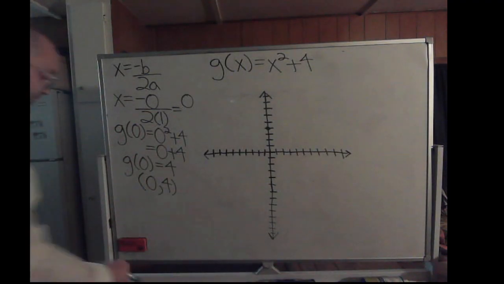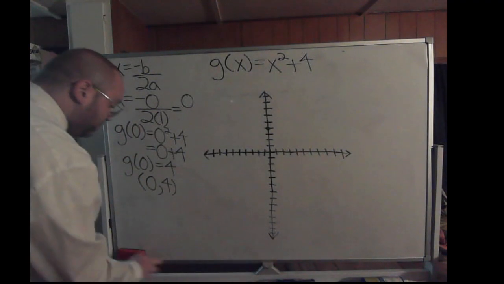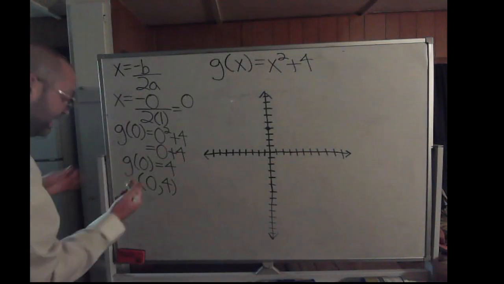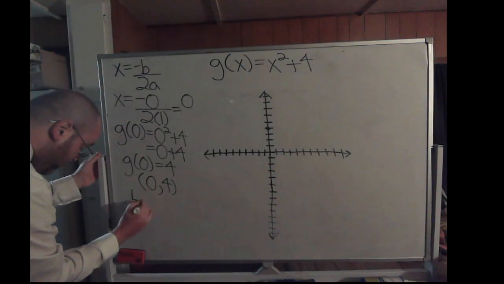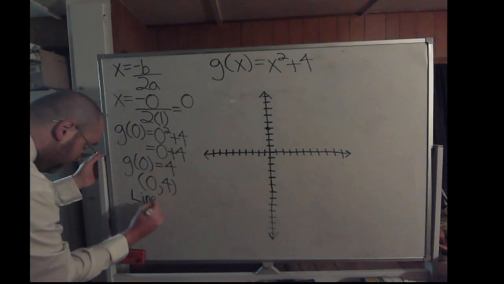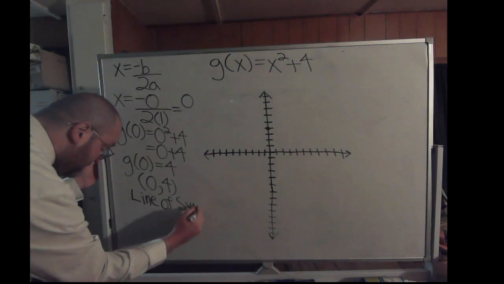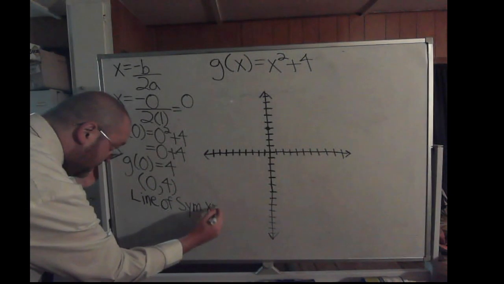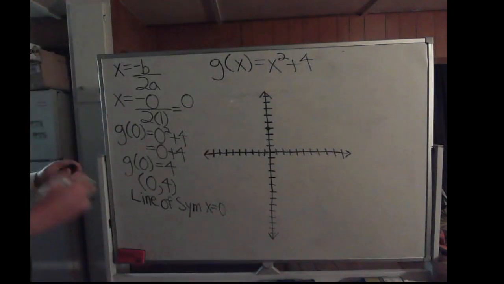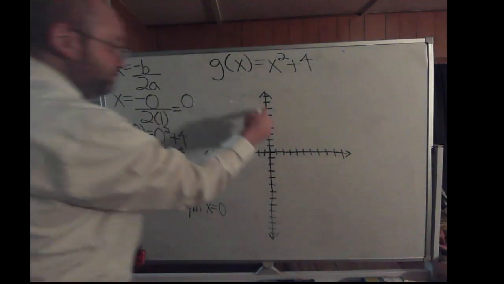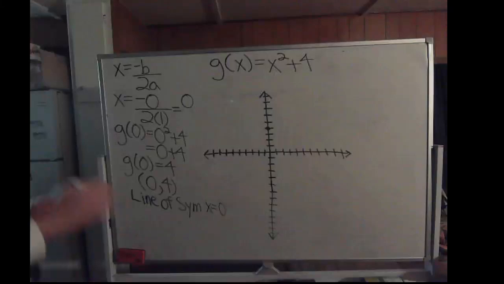Now, we have a line of symmetry established at x equals 0. So that's the line of symmetry. X equals 0 is the entire y-axis.